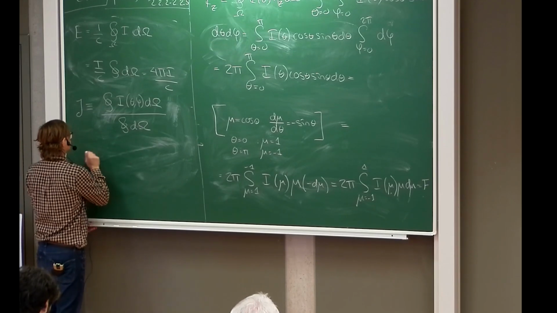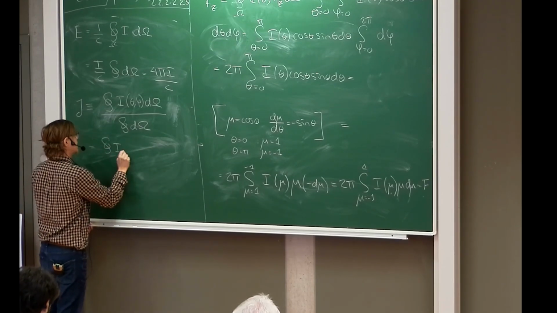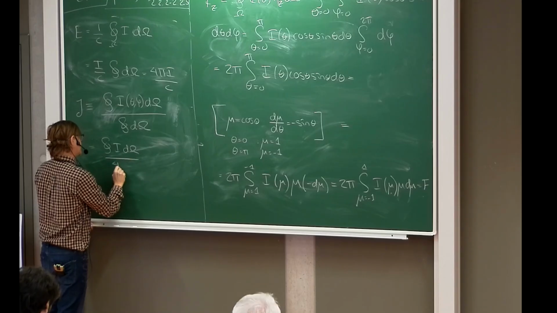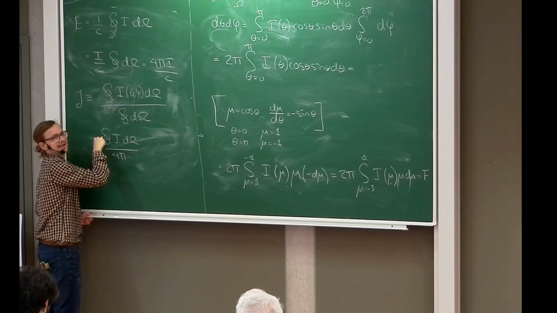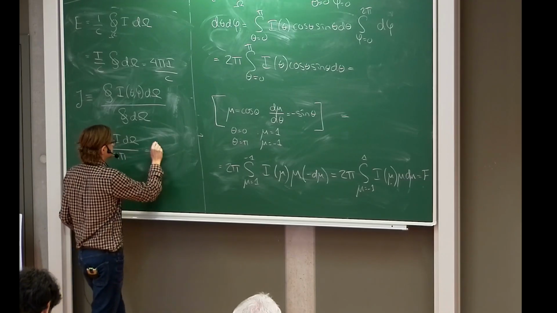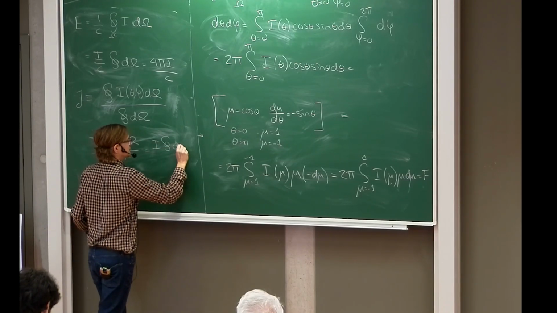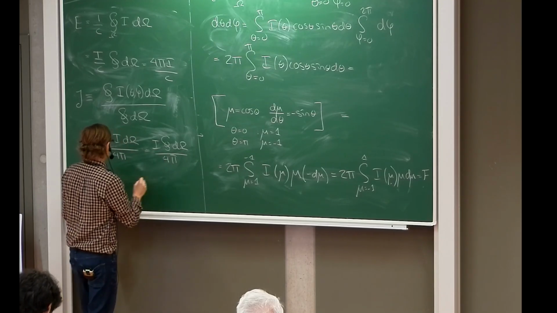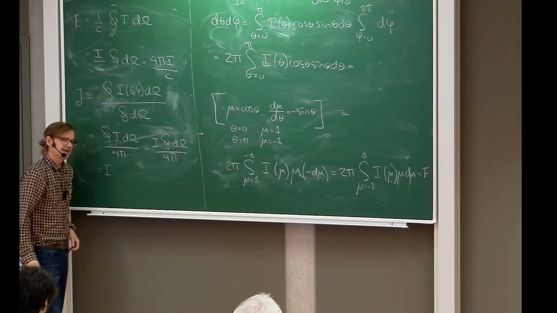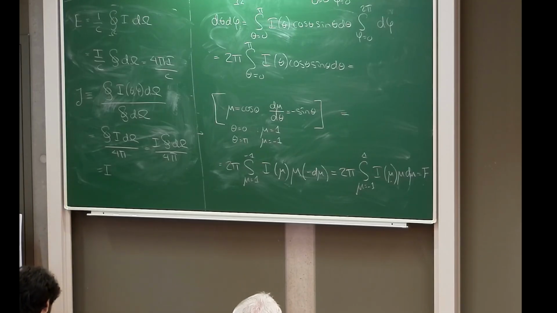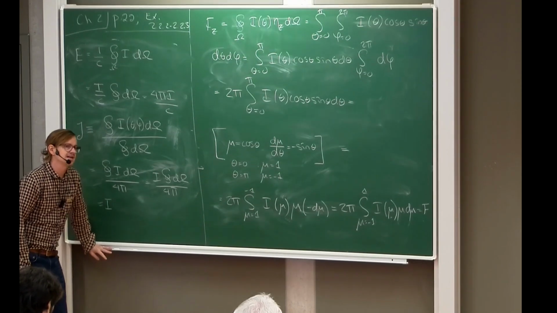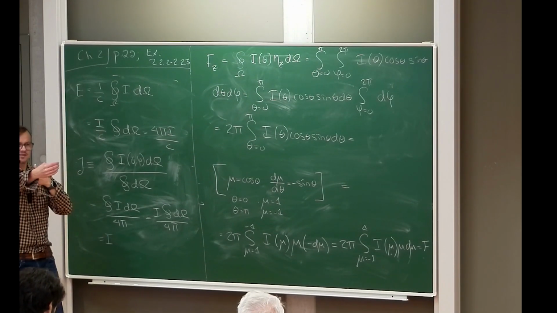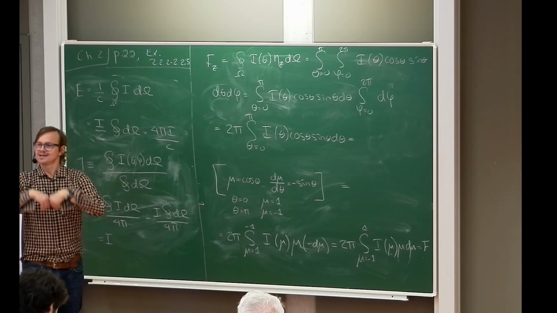This we know is 4 pi, so it's just the integral of I d omega divided by 4 pi. But if this now is directionally independent, we can directly take it outside the integral such that this is just I times the integral of d omega divided by 4 pi, which equals I. So in the case of an isotropic radiation field, indeed, as should have been intuitively clear, the mean intensity is equal to the intensity. The energy density is not 0, but the flux, which has a directional dependence, is 0.